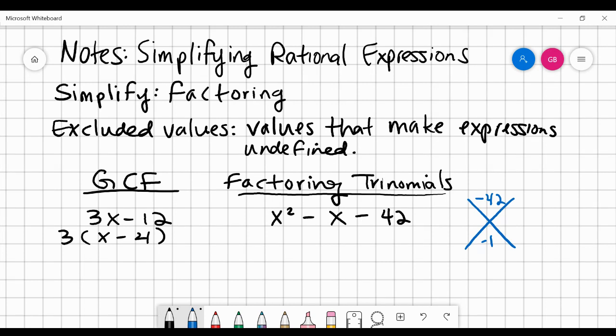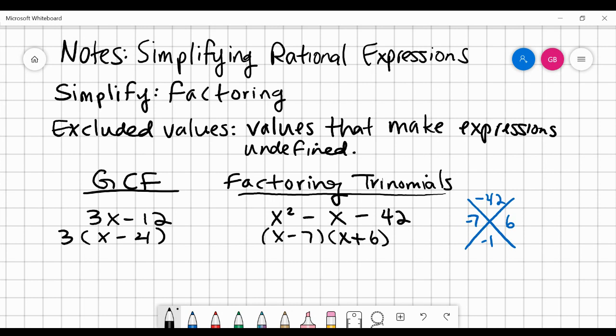So these numbers are 7 times 6, but to add up to negative 1, the 7 has to be negative. So now you're going to use those two numbers to write your factors out: x minus 7 and x plus 6.